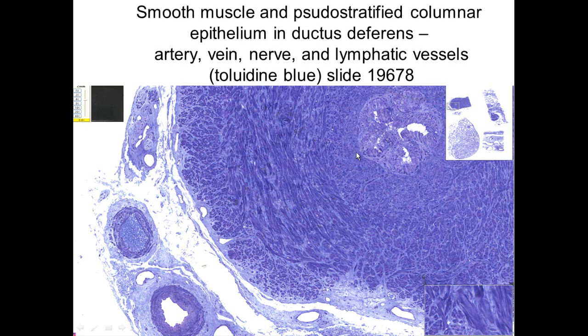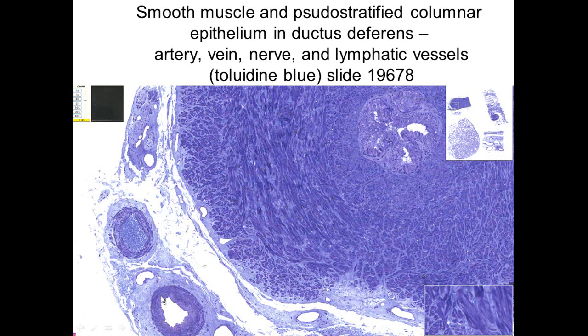It's all smooth muscle, with inner longitudinal, middle circular, and outer longitudinal layers. This is a cross section of this, showing inner longitudinal, outer longitudinal, and middle circular muscle.